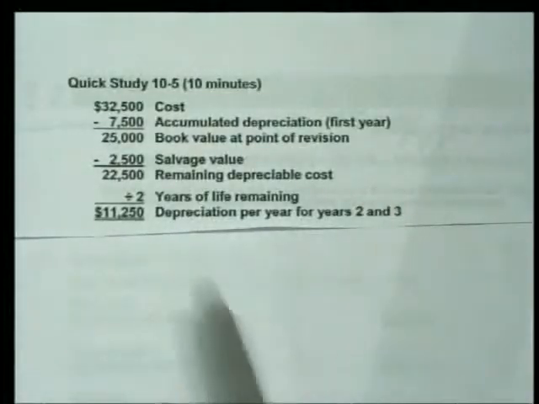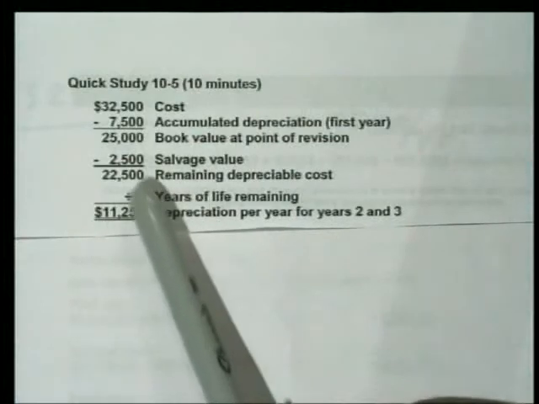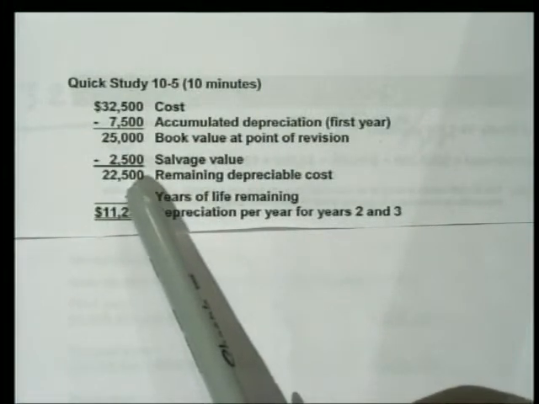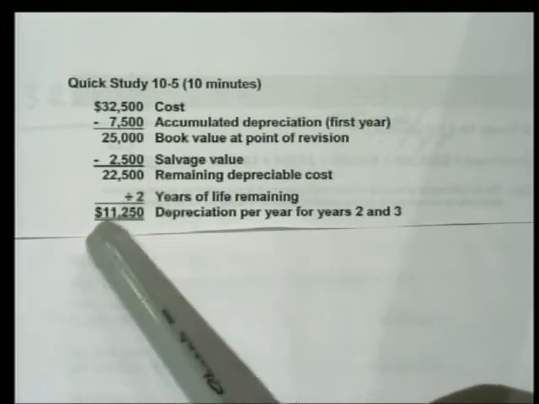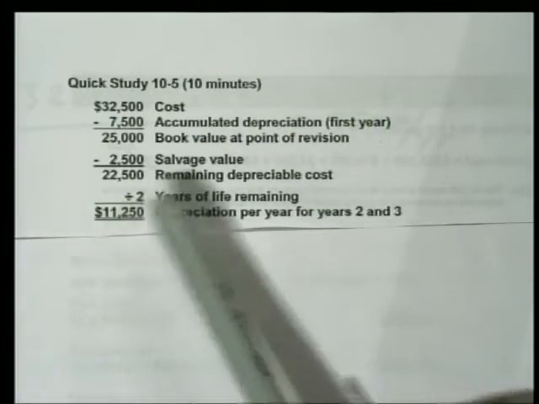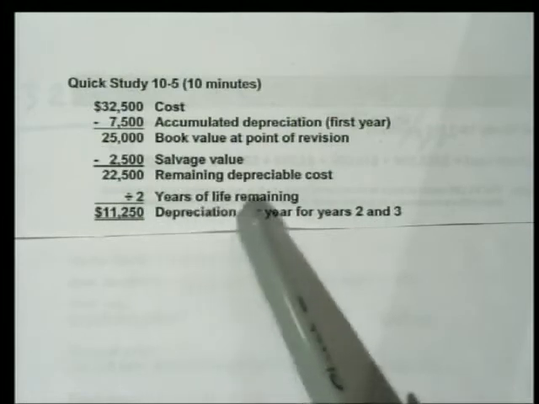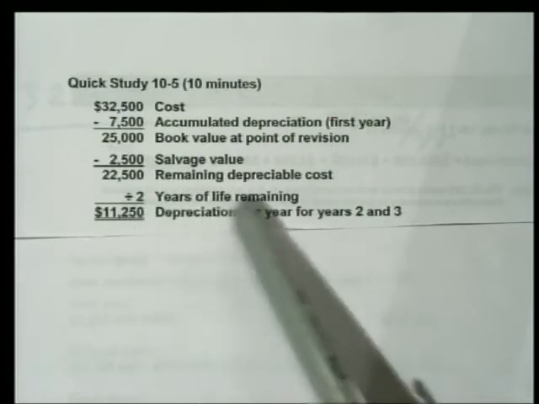Lauren, did you have a question? I wasn't looking, but I didn't understand how you got 11,250 for the end of that, or why you added 2 years. Maybe I read it wrong. Well, take a look at it. The 11,250 comes from the 22,500, which is the book value at the point of revision minus the salvage value, divided by how many years we have left of this asset that we think we'll use it.